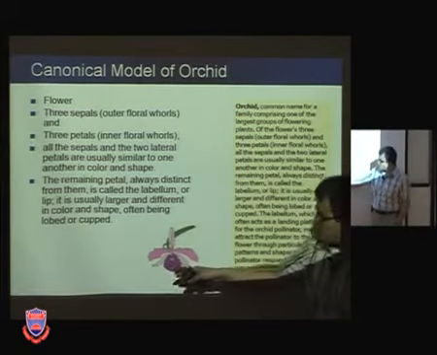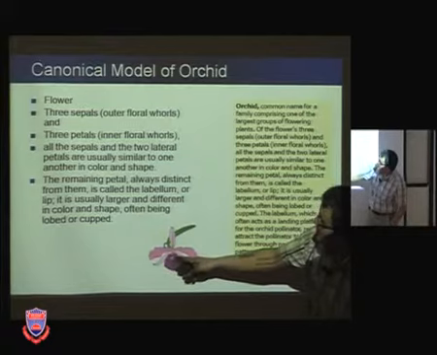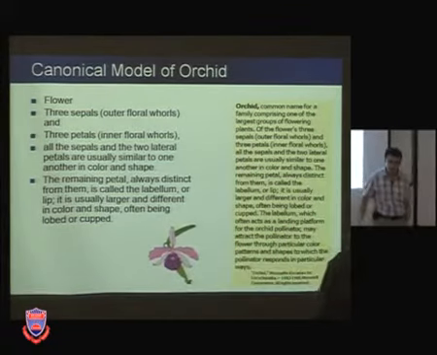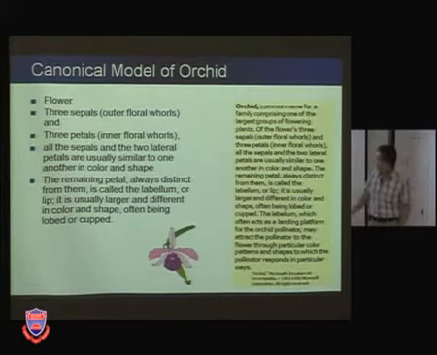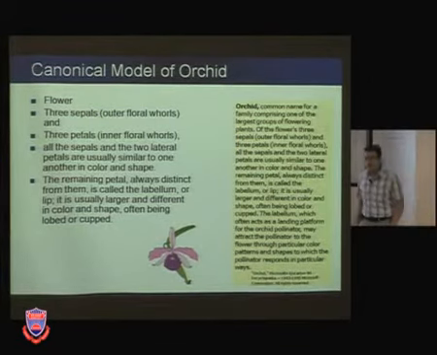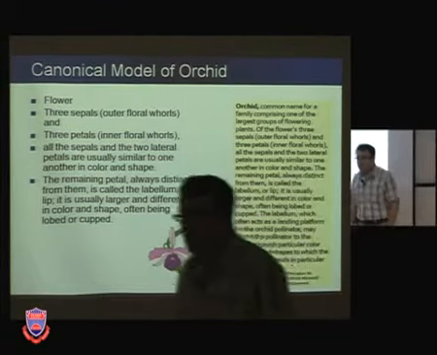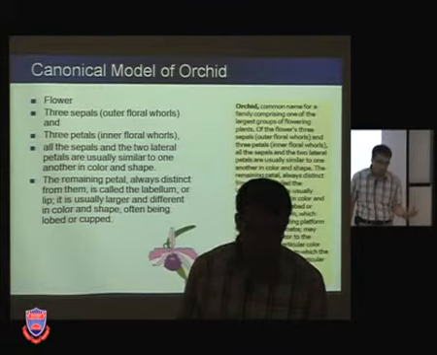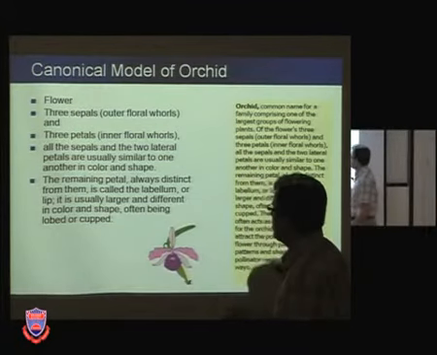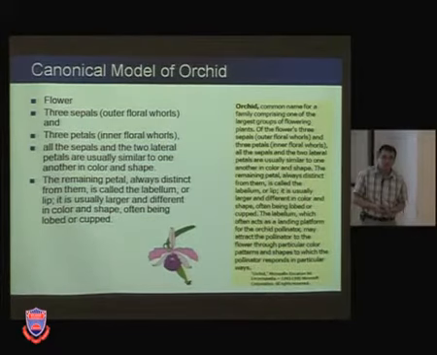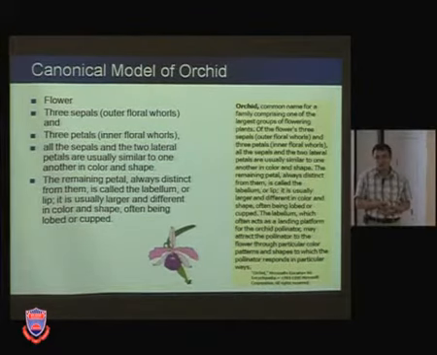This is the labellum. And what are the petals? I think these are the inner ones and this is the sepals, or vice versa. You see, this is from the domain experts. If we take any orchid, you can say it should have 3 petals, 3 sepals, and 1 labellum. That's the model, a canonical model of an orchid.